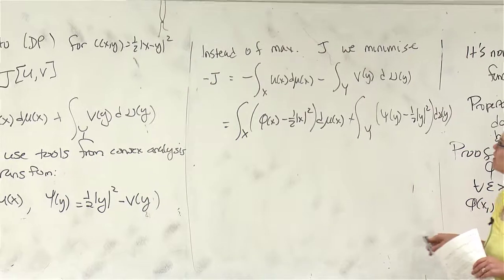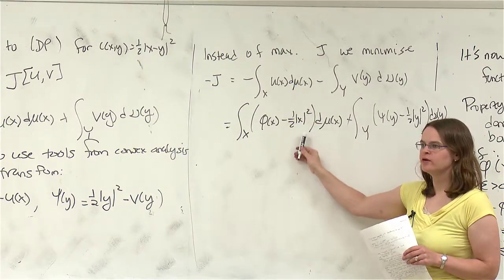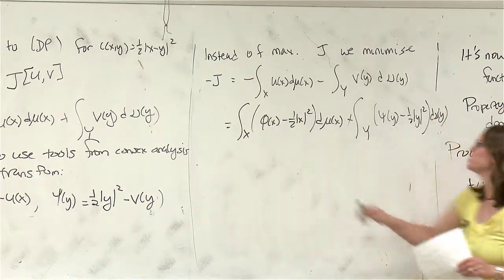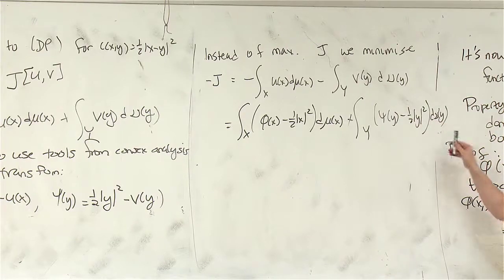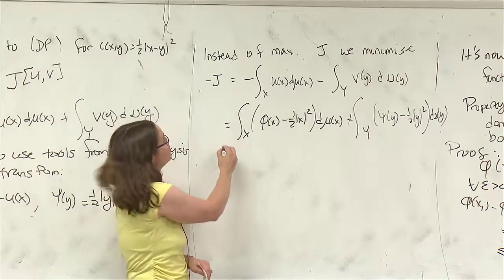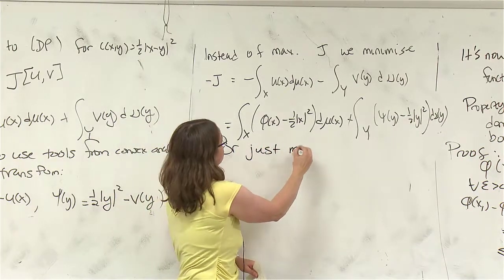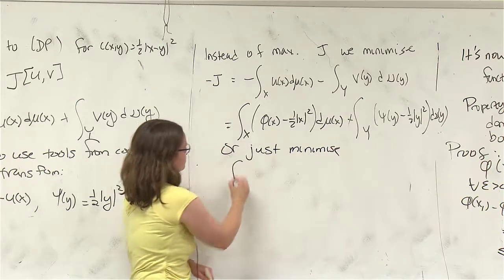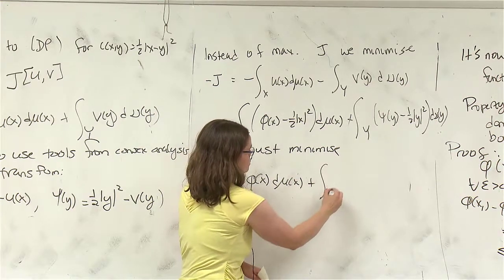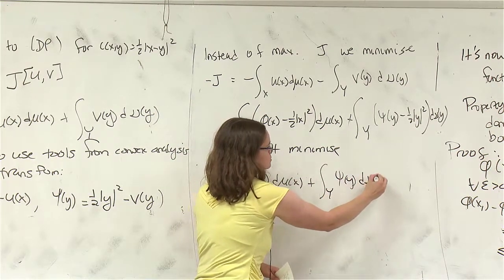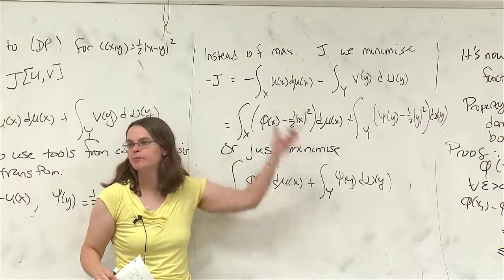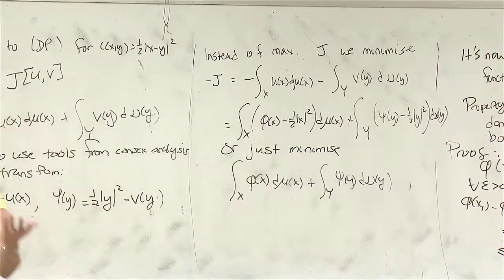Okay, so I could minimize this, but this half x squared here doesn't change anything, right? This isn't affected by phi at all. So it doesn't matter that it's here. It doesn't matter that this half y squared is here. So we could leave those out and just minimize this thing. If we've managed to minimize this, then we've managed to minimize this plus a constant, because we don't get to change the constant.